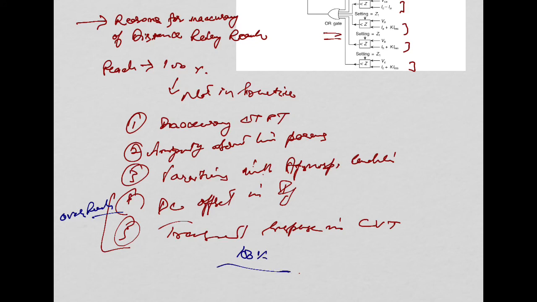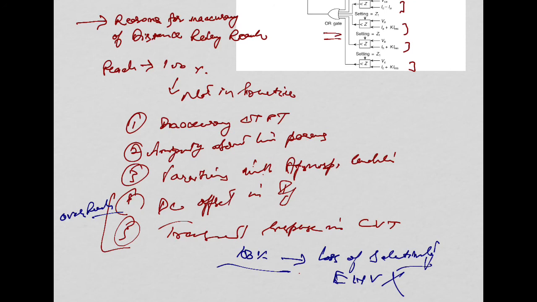Then overreach will cause the loss of selectivity with the distance protection of the next section. So this cannot be tolerated in extra high voltage lines.